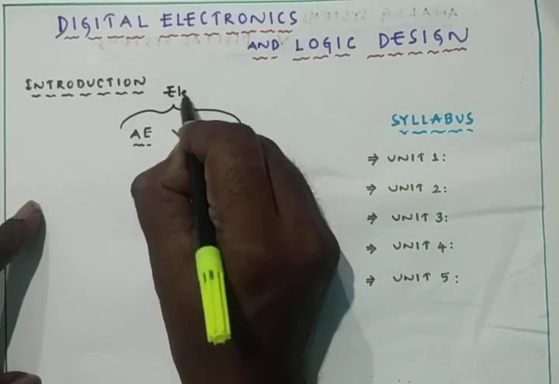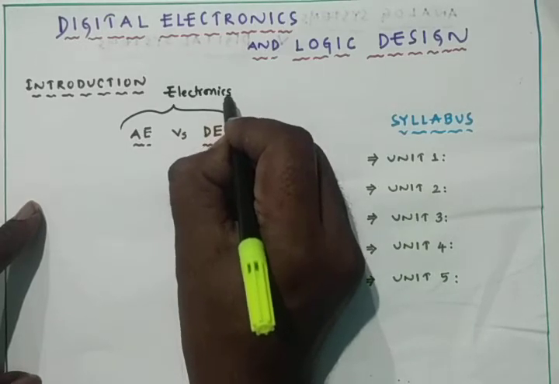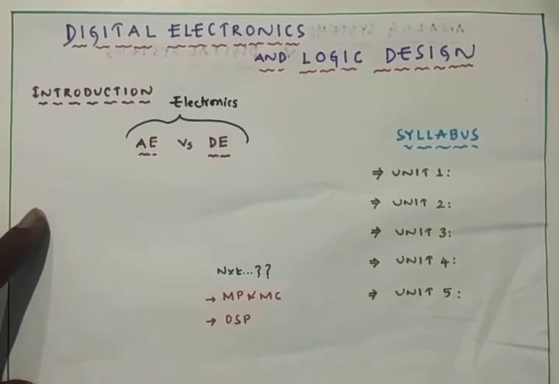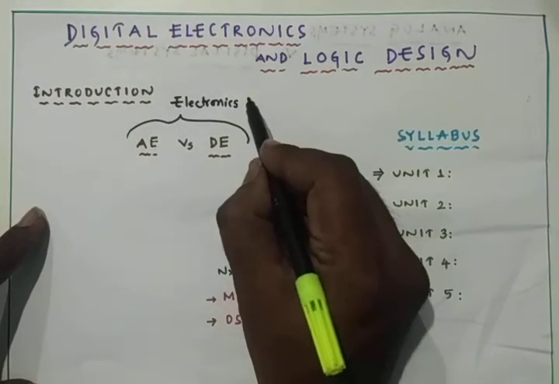Electronics is a science and technology which completely deals with semiconductors. The study of the current through the semiconductors is called electronics.